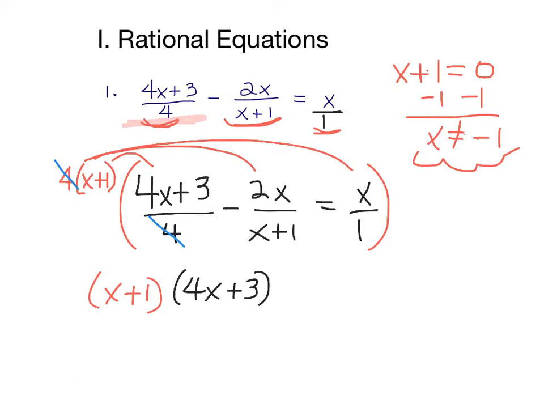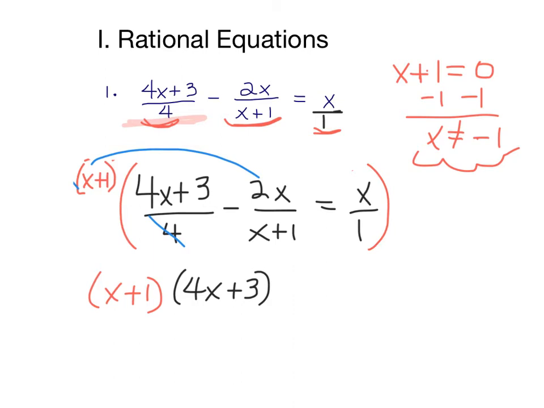The next thing I have to do is distribute that to the second fraction. So now I'm going to distribute it to here. And again, get rid of the cross. So now here, when I distribute it there, notice this time the x plus 1 cancels out.